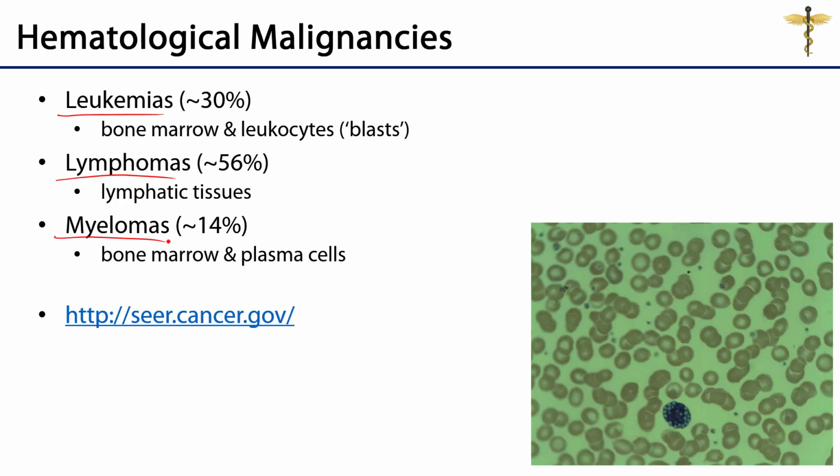Now, I don't really want to talk about prognoses with respect to these large categories, because they really don't mean much. Each of them can be broken down into finer, granular detail. I would encourage you, if you'd like to learn more about any of these, to visit this website, seer.cancer.gov, which has all of the data and the background that you would want to know for any type of malignancy, not just the hematological malignancies.